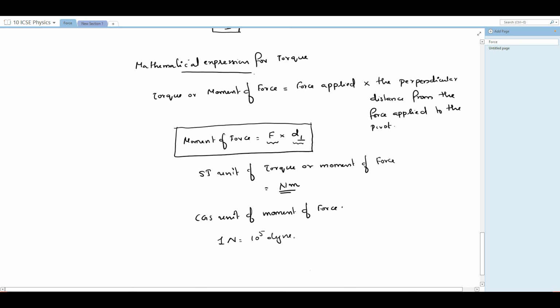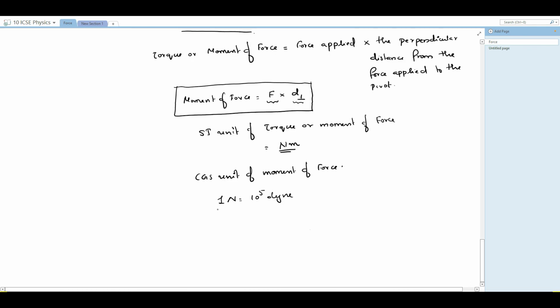So 1 Newton meter should be equal to 10 to the power 5 dyne times 1 meter, which is 10 to the power 2 centimeter.